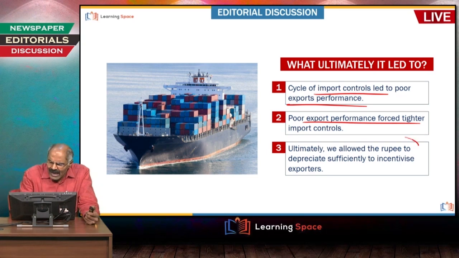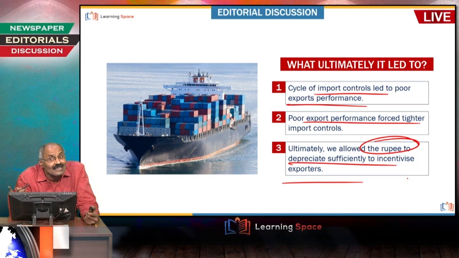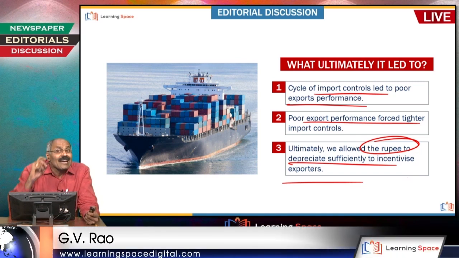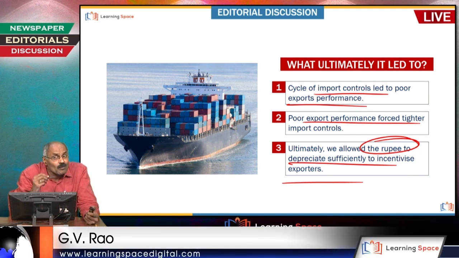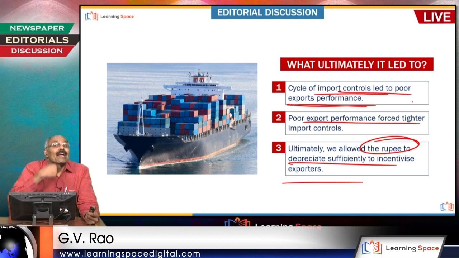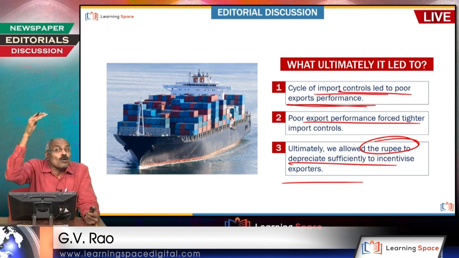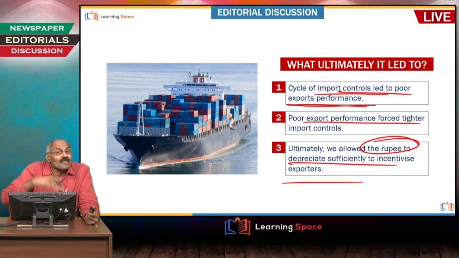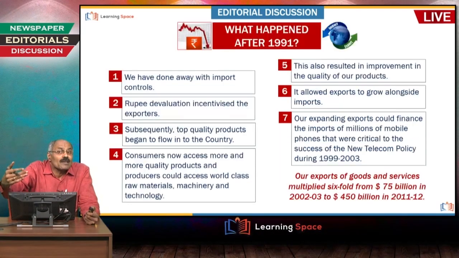Ultimately, we allowed the rupee to depreciate to incentivize the exporters in the 1990s. So it created a vicious cycle. As exports reduced, subsequently more controls on imports were imposed.